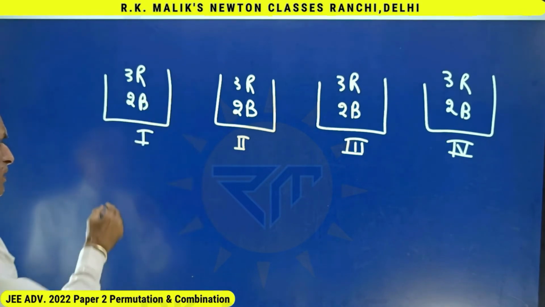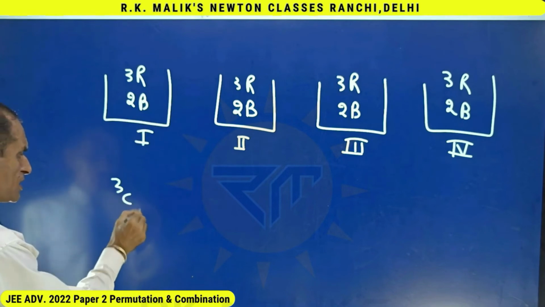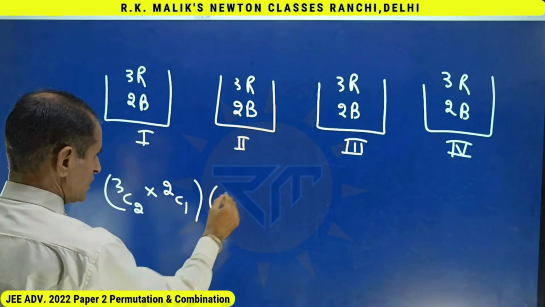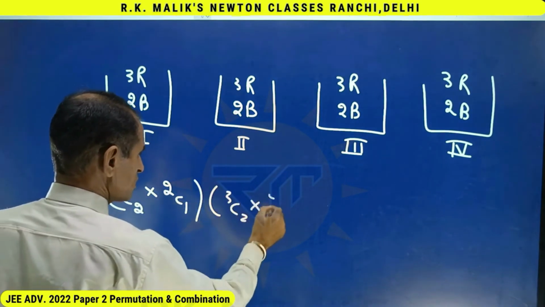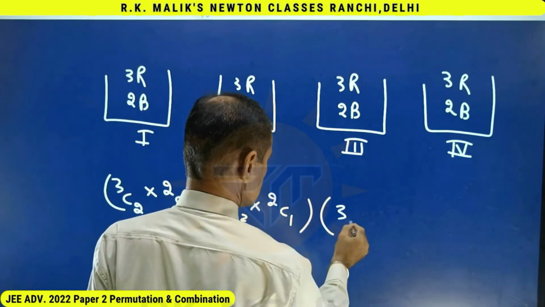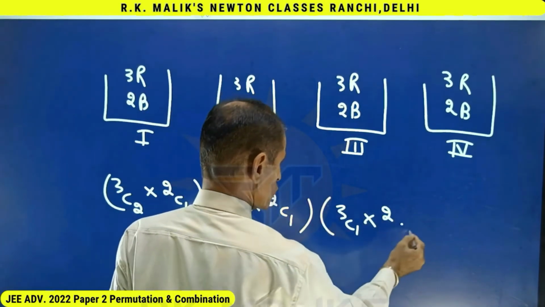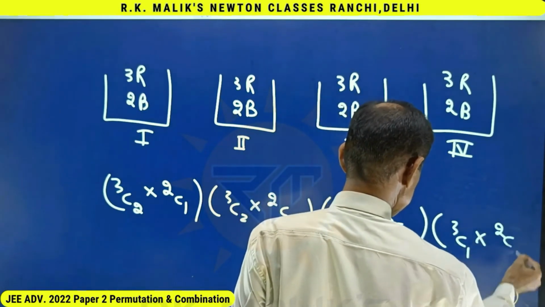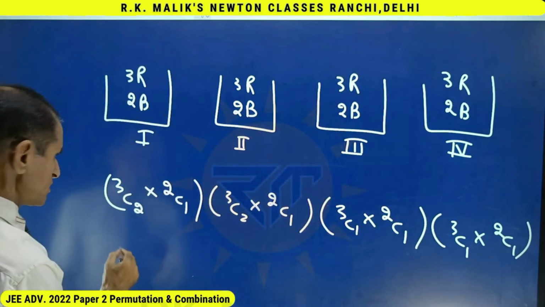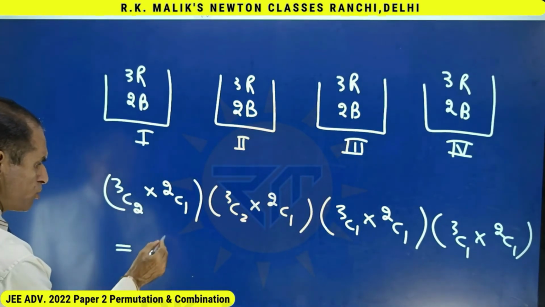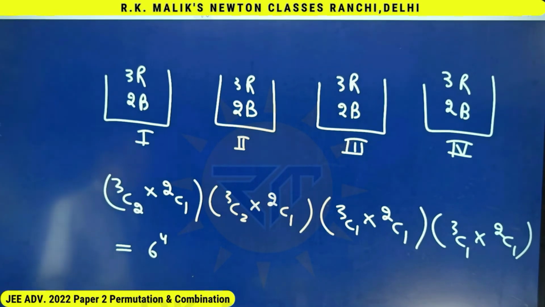In that case, number of ways will be 3C2 into 2C1 into 3C2 into 2C1 for this, and 3C1 into 2C1 into 3C1 into 2C1, that is 6 to the power 4, because 3C2 is same as 3C1.